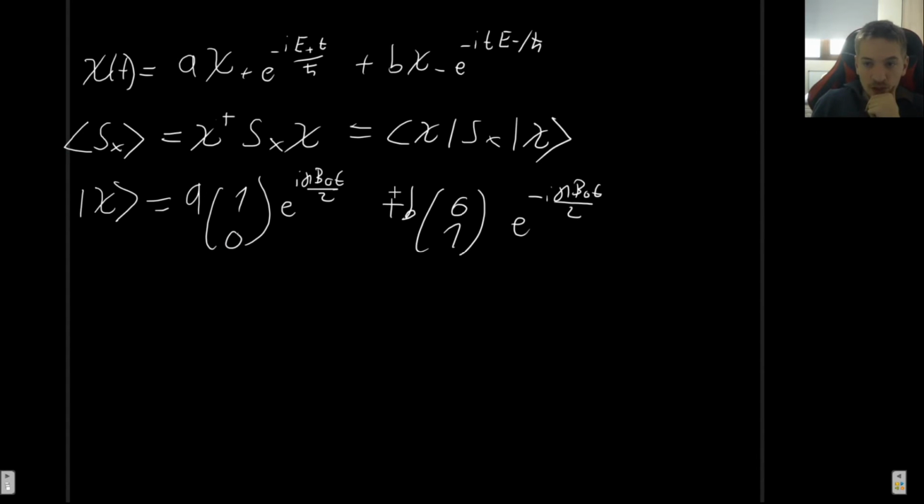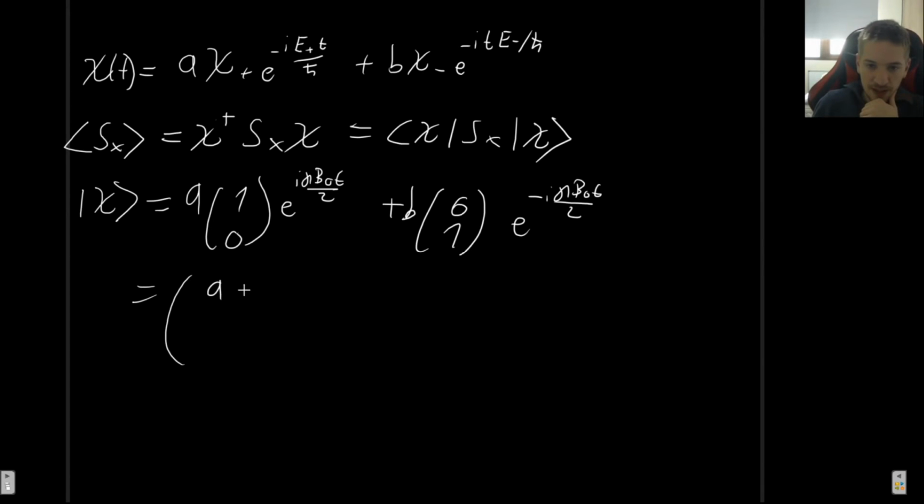Okay, so these are the states more explicitly, but we can actually combine everything together into just one vector. So just multiply all of these constants in here, well, maybe not constants because they depend on time, but just multiply everything into the vectors and then add the vectors together.